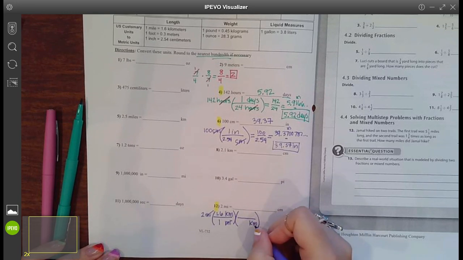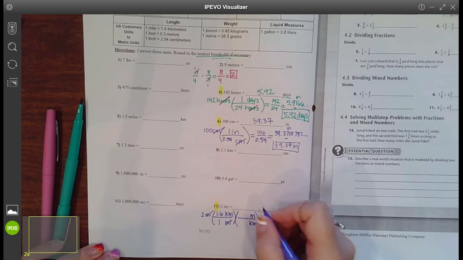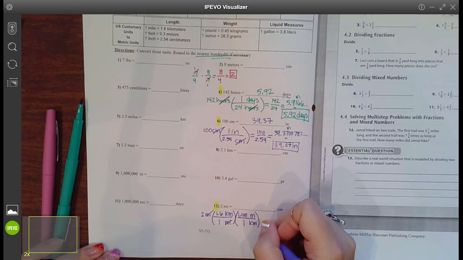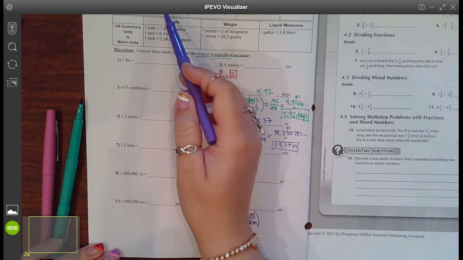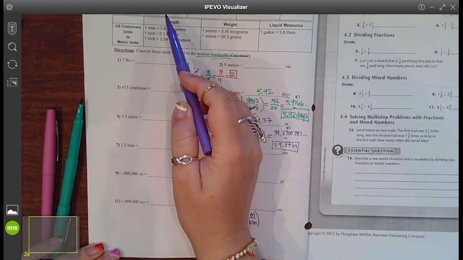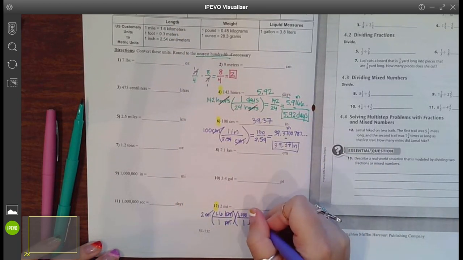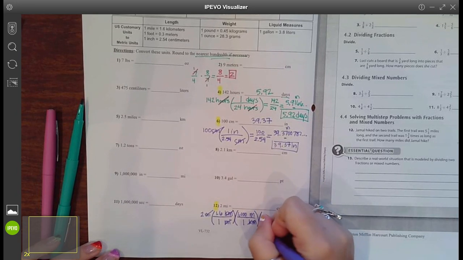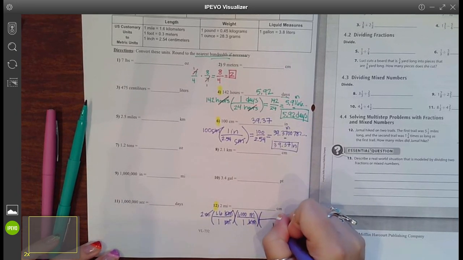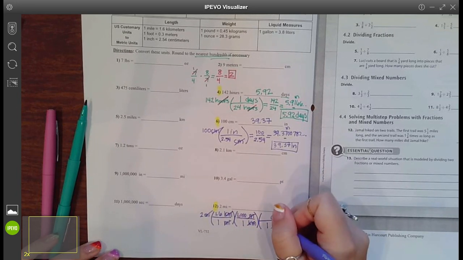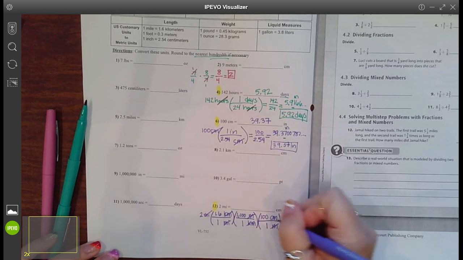Well, I know how to go from kilometers to meters. 1 kilometer is equal to 1,000 meters. Okay, and if you didn't know that, that's up here. Okay, I have kilometers cancel. I'm left with meters, still not what I want to end with. So I'm going to put meters diagonally across from each other so that they'll cancel. I know how to go from meters to centimeters because I know that 1 meter is equal to 100 centimeters.